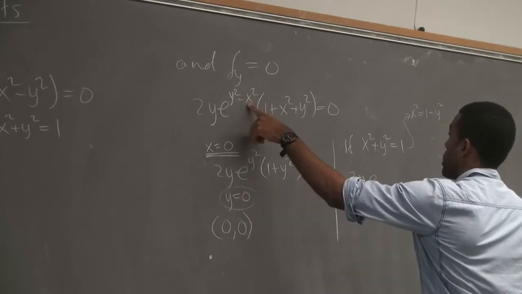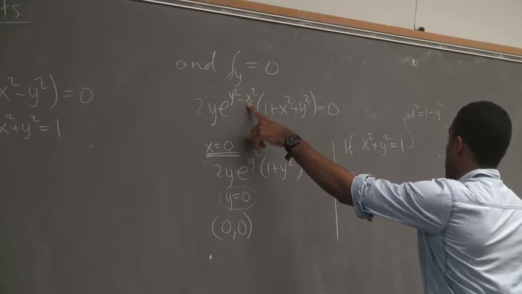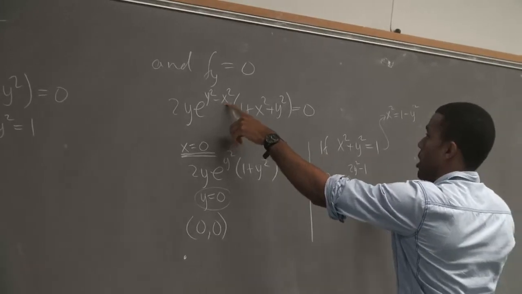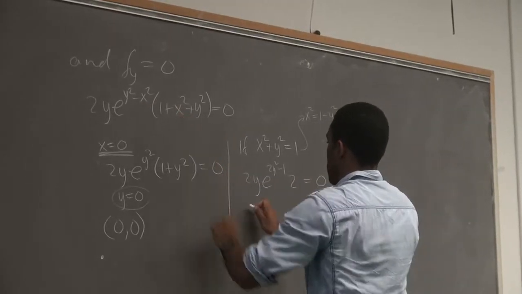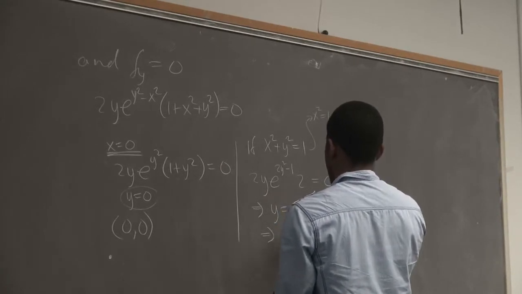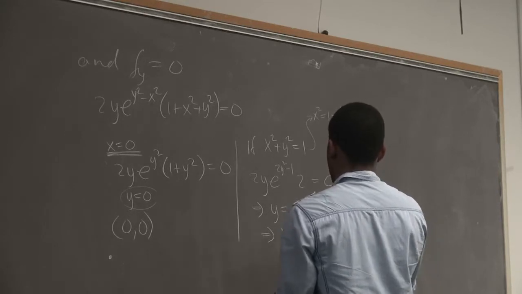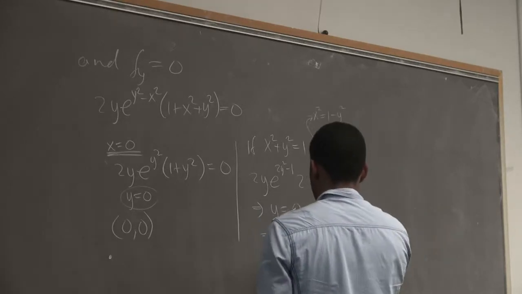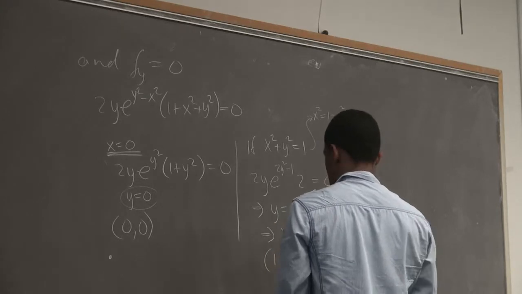And then I replace that here, so I put 1 − y² there, and then I would get 2y² − 1. And then here, I would actually get 2 equal to 0. This would mean that y equals 0, which would mean that x is equal to plus or minus 1. So that gives me 2 points here, (1, 0) or (−1, 0).